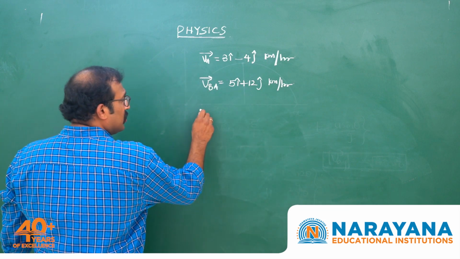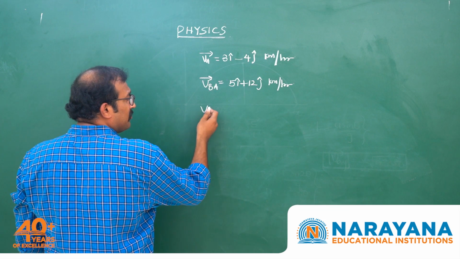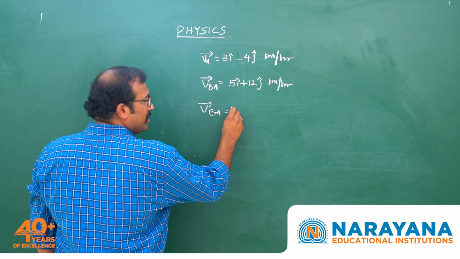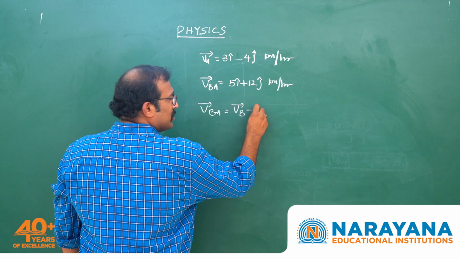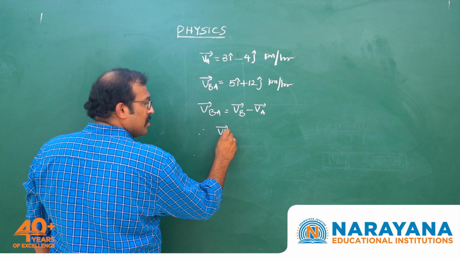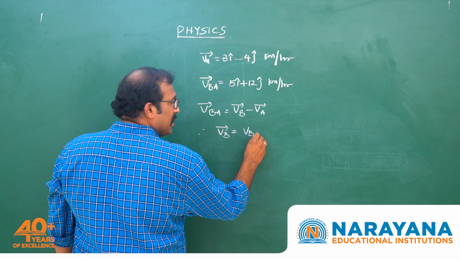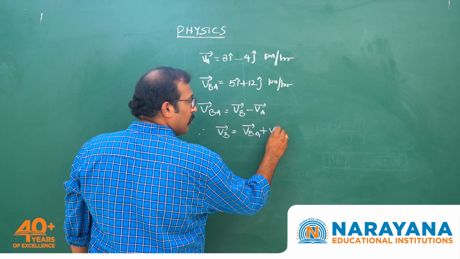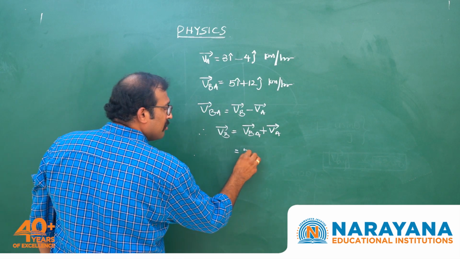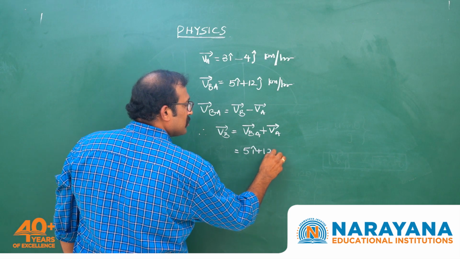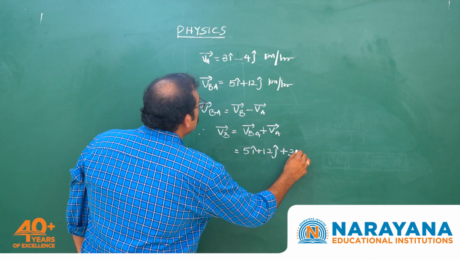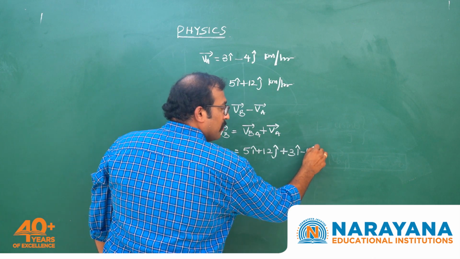So the true velocity is given as, we know that from the relative velocity concept, velocity of B with respect to A is velocity of B minus velocity of A. Therefore, the true velocity of B is given by velocity of B with respect to A plus velocity of A. Therefore, velocity of B with respect to A is 5i cap plus 12j cap, plus velocity of A, which is 3i cap minus 4j cap.